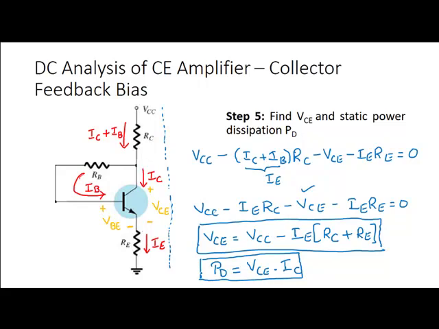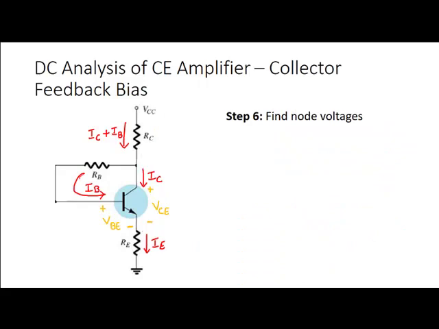Next, in the next step, we will find out individual node voltages. So first let me mark the different node voltages, I'll use a different color. So this is the collector node, so I'll mark this voltage as VC. This is the base node, so I'll mark this voltage as VB, and we have emitter node here, I'll mark that voltage as VE.